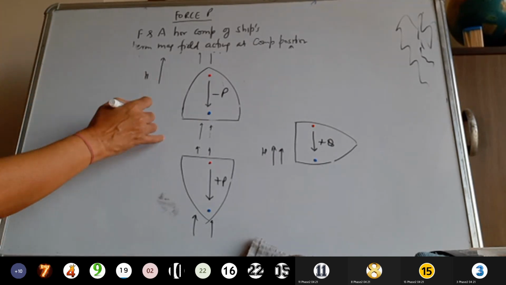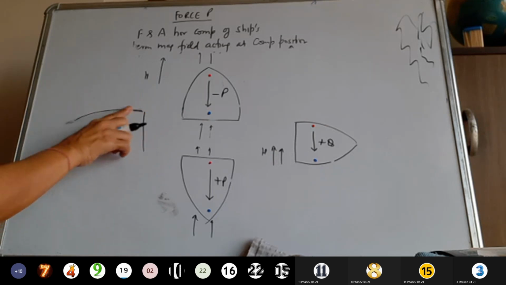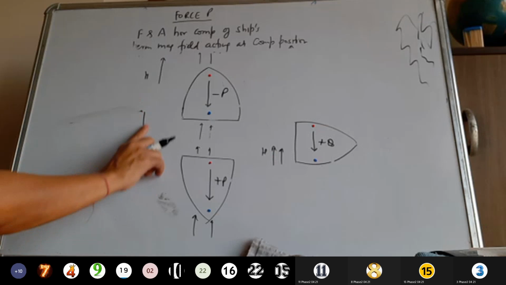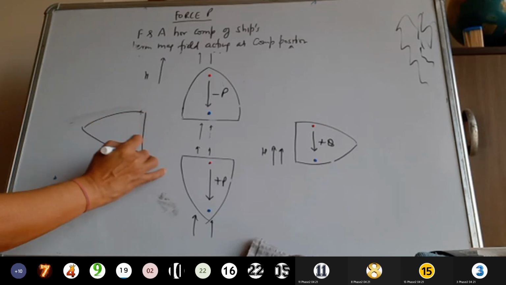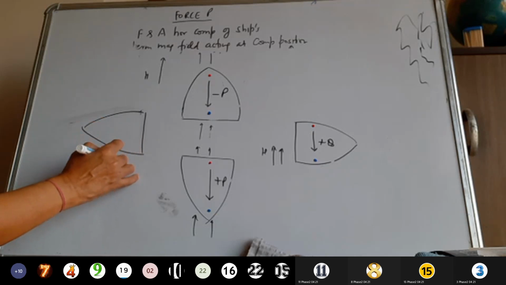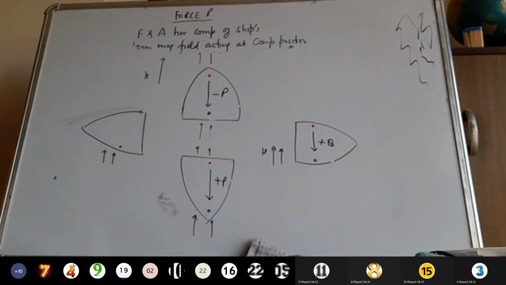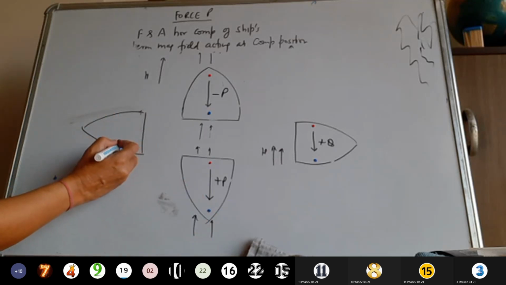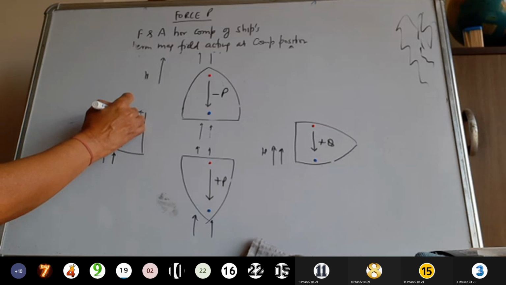Similarly, when a vessel is being built in the westerly direction, in that case the inducing force H is going from here. So now you'll have the blue pole towards the port side, and you will have a red pole towards the starboard side.